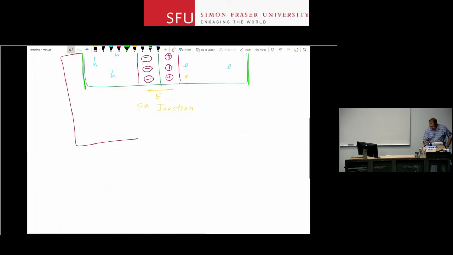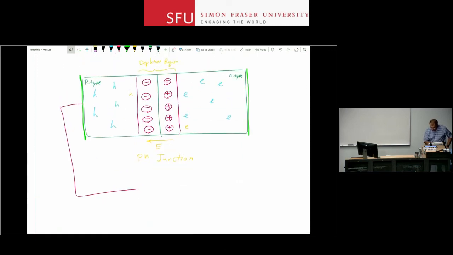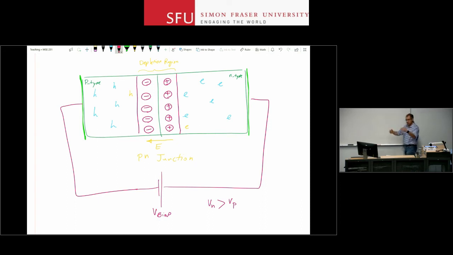Let's assume that I apply a more positive voltage to the N side. Let's call this V bias. A more positive voltage to the N side than the P side. So Vn is larger than Vp, right? Let's say I apply 2-3 volts of external voltage to the N side relative to the P side.